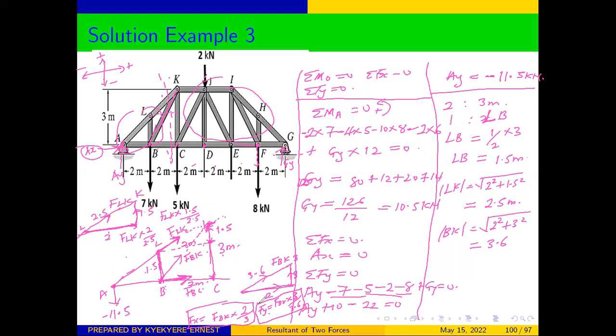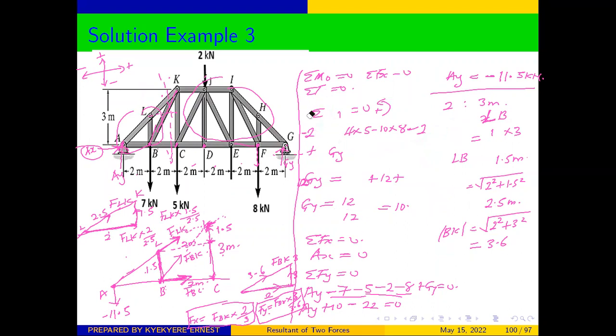And from there, time is set for us to be able to calculate our unknowns, the forces in those members. Allow me to clean this side so that we can get space to calculate the forces in those members.